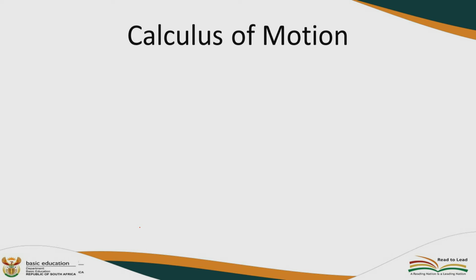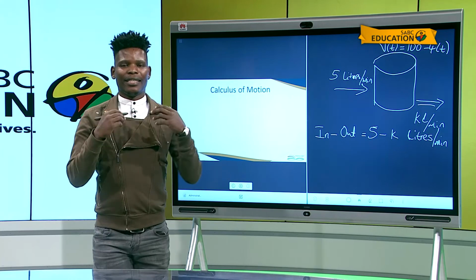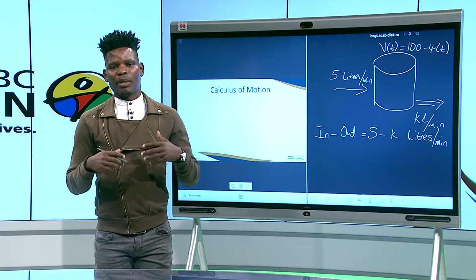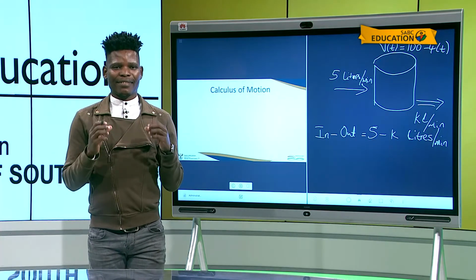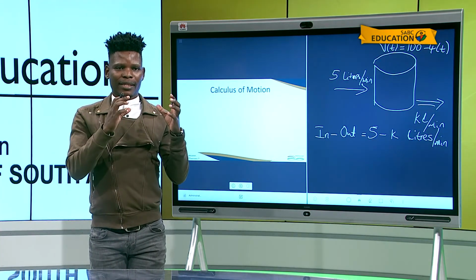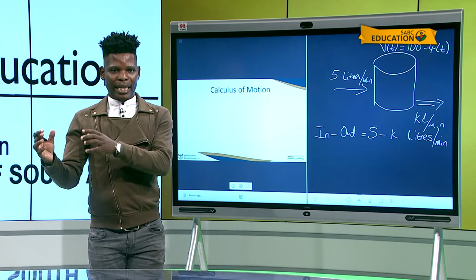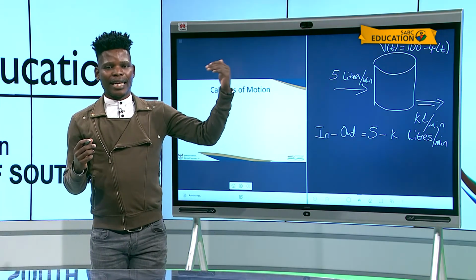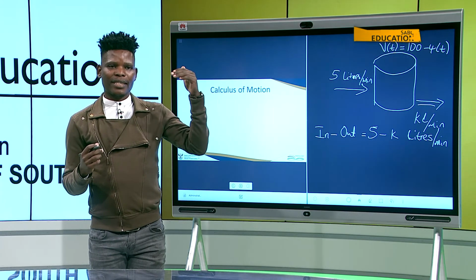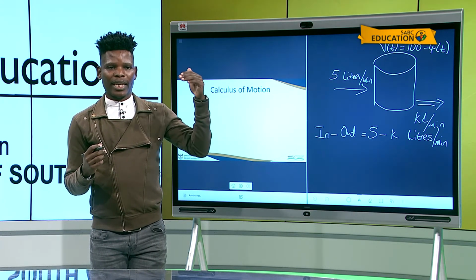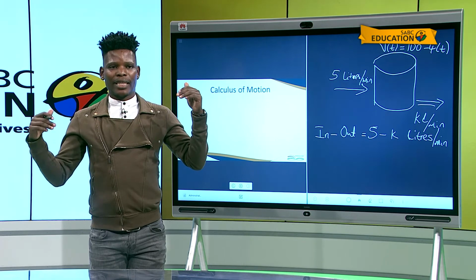All right, so now if we can just speak to the 9 liters per minute that we got. You can clearly see that there is more water that is leaving the tank per minute than the water that is entering the tank per minute, because we have 5 liters entering the tank per minute and we have 9 liters leaving the tank per minute.